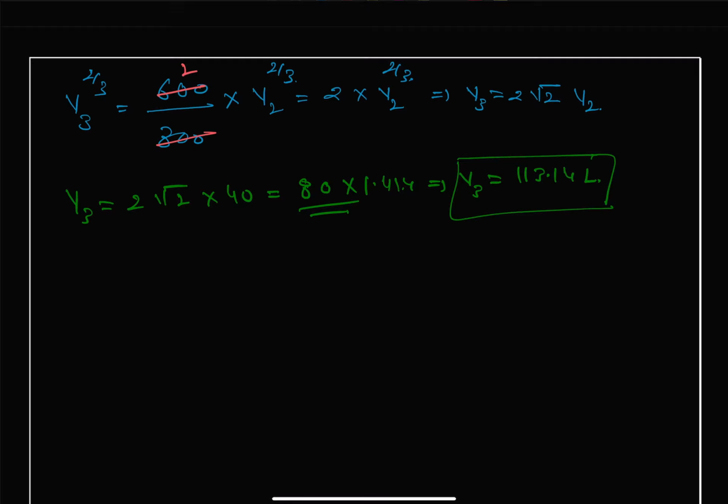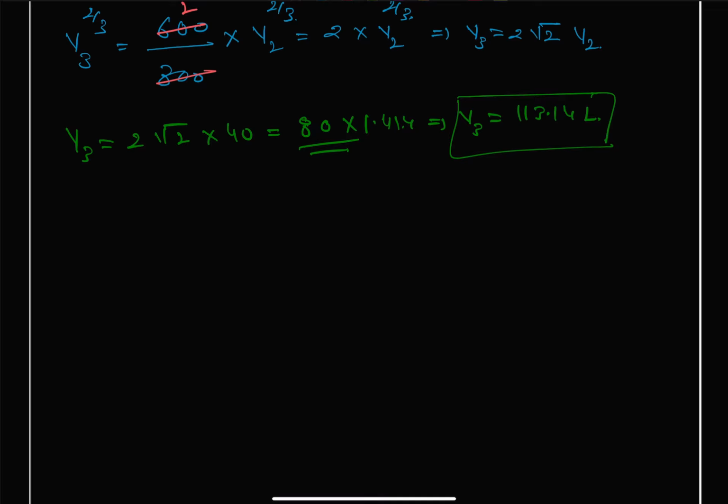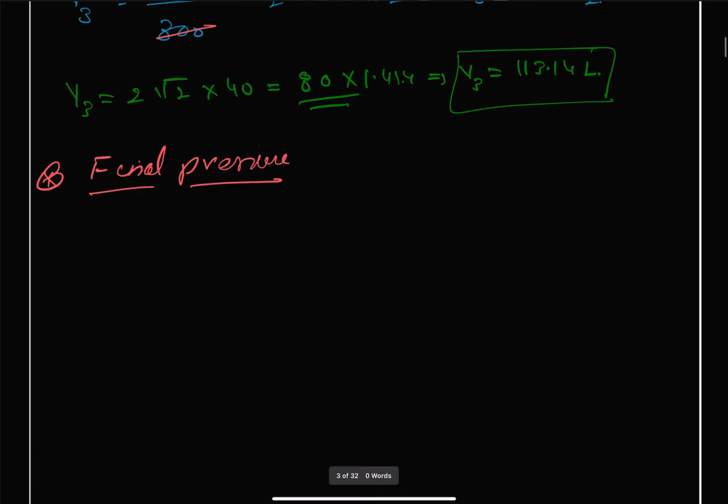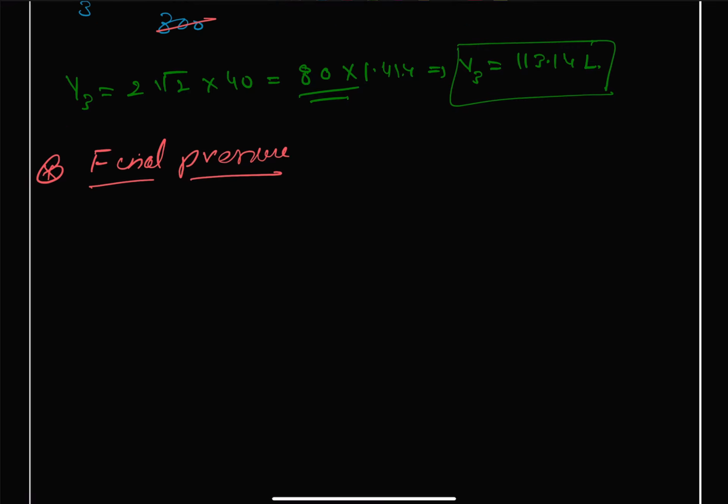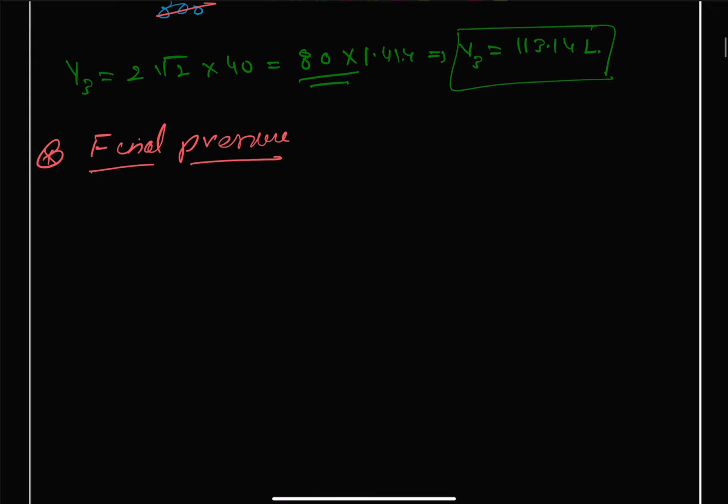Now we come to the final pressure. First of all we are going to find out P1 by using the ideal gas law. It gives us that P1 V1 is equal to nRT1.